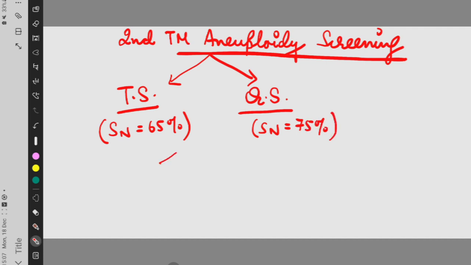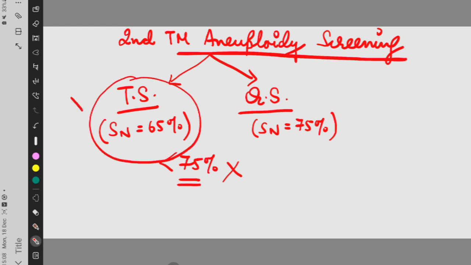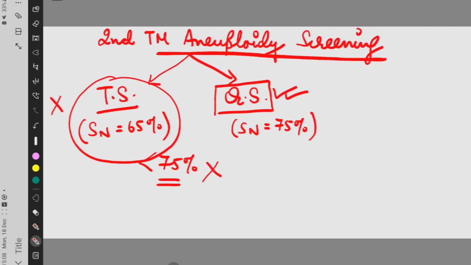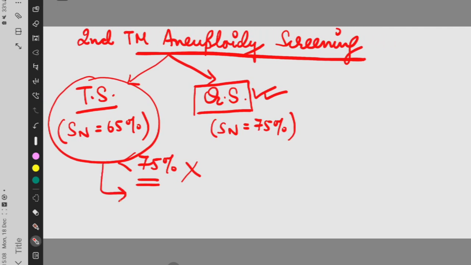Tests which have sensitivity less than 75% are generally not recommended. So triple screen is generally not recommended in modern day obstetrics. If a second trimester patient comes to you for aneuploidy screening, you better get a quadruple screen done.